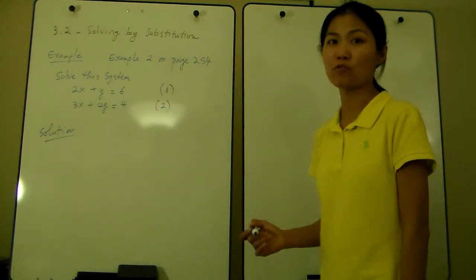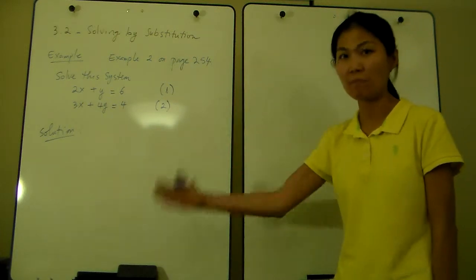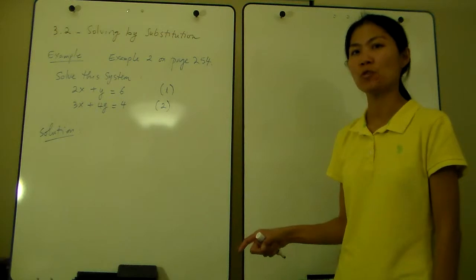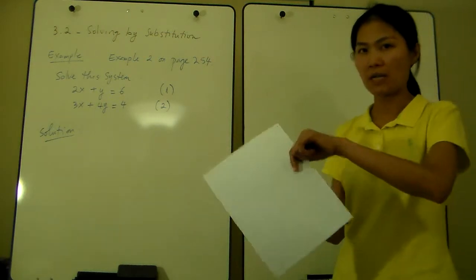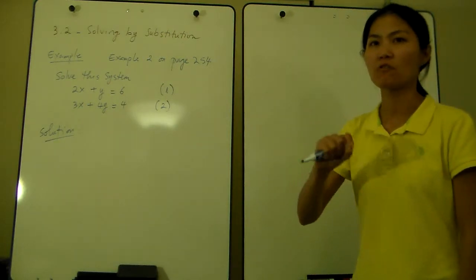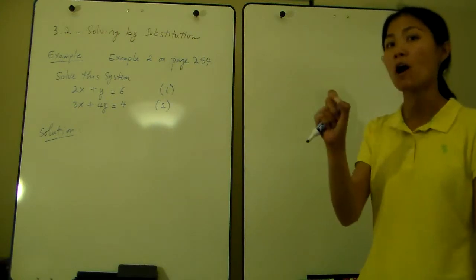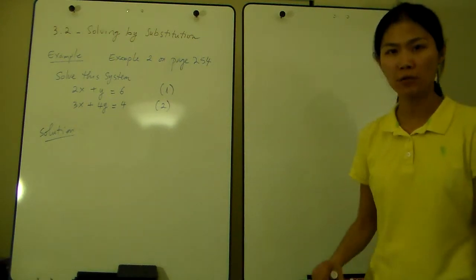Now, substitution means you have to solve for a variable, meaning you solve for y equals something, and then substitute y equal to that something into the other equation. So there are two equations, right? You can pick, for example, the first equation and solve for y. Then you substitute that value of y from the first equation into y in the second equation.